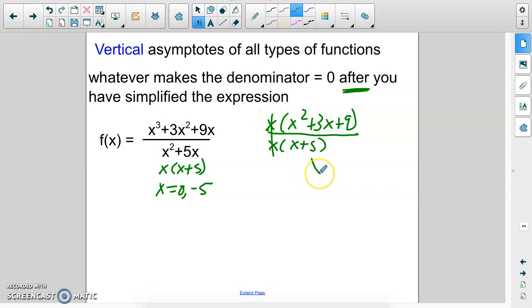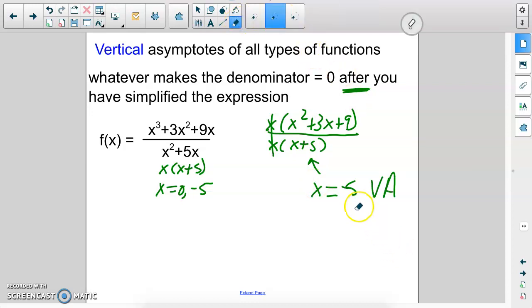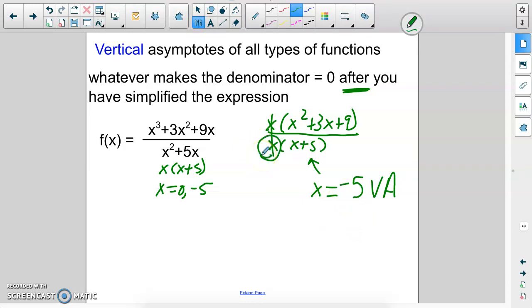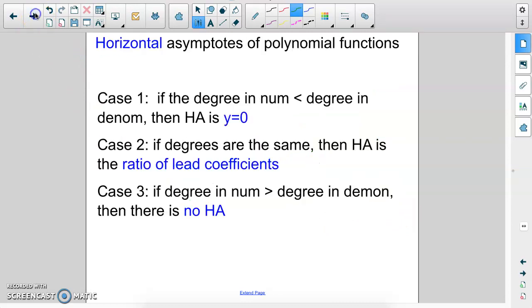And now what makes the denominator equal 0 is a -5. So -5 is our vertical asymptote. That's also how you find the domain. Remember, you find what makes the denominator equal 0, but you find the domain before you simplify. This place right here where at x equals 0 that makes the denominator 0, that's not okay. It's something else. It's not a vertical asymptote, but it is bad because you can't have a 0 in the denominator. We'll talk more about that later.